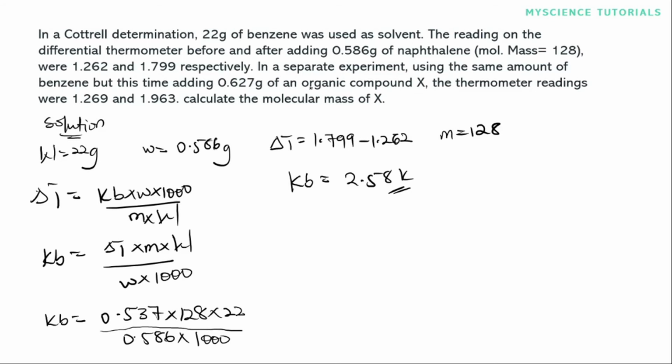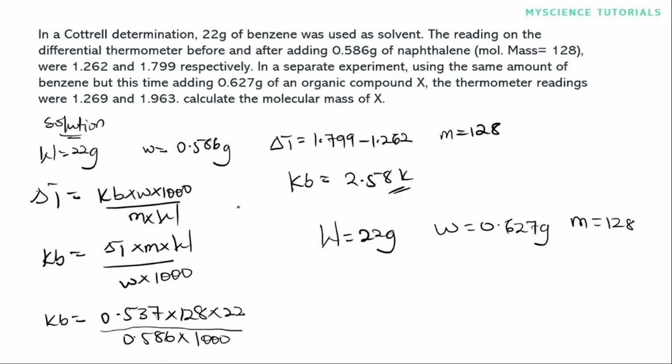Using the same amount of benzene means our capital W is still 22 grams. Our mass, small w, is 0.627 grams of organic compound X, and the molar mass of naphthalene is still 128.